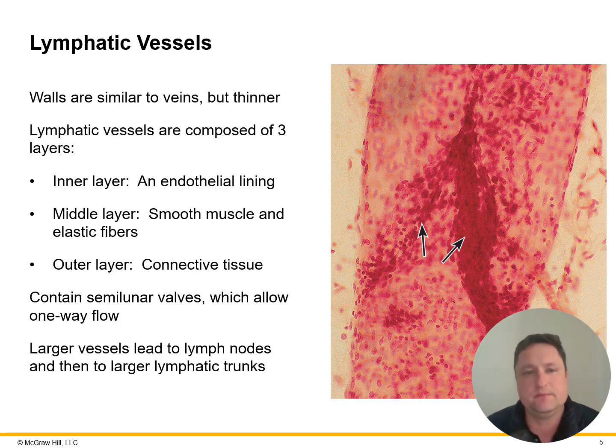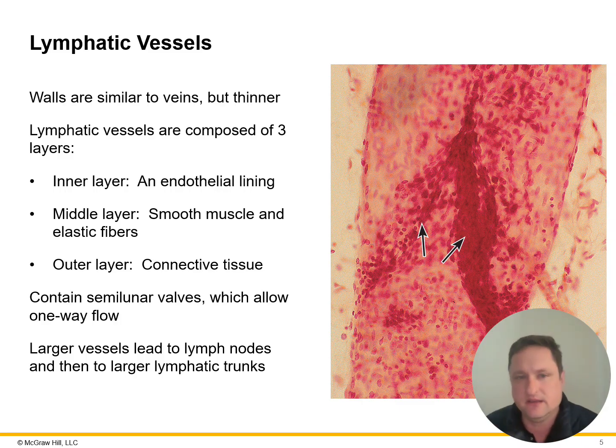So after lymph enters the capillaries, it moves to lymphatic vessels, which look like veins but have thinner walls and a pronounced system of semilunar valves. Histologically, their walls have three layers.